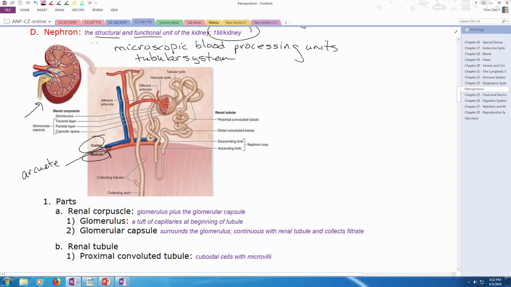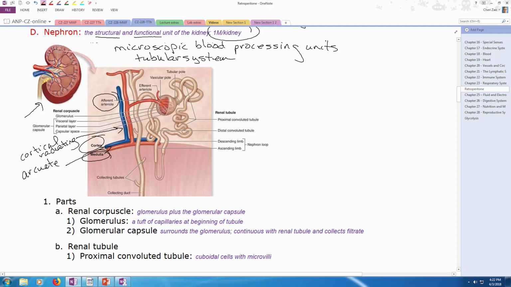So those BVs are arcuate blood vessels, and they give rise to the cortical radiating ones. Branching off of that, and then branching off of the cortical radiating artery, is an arteriole that has a very special name called the afferent arteriole.